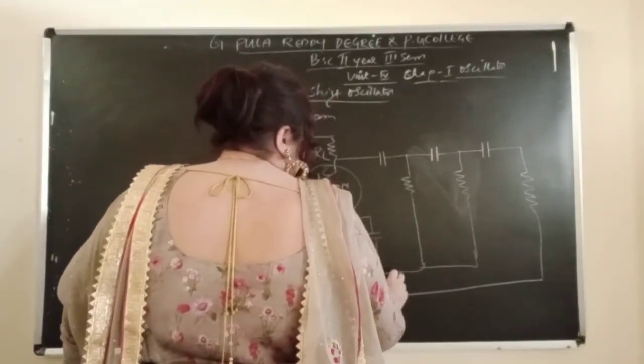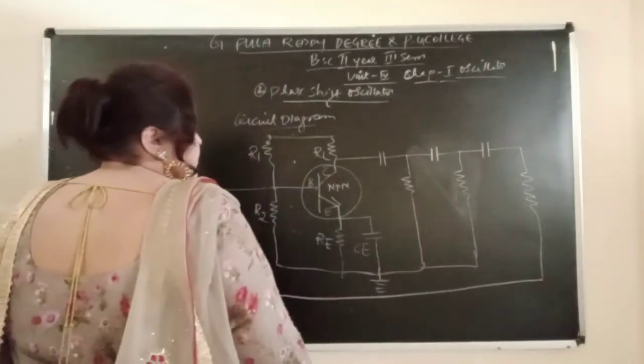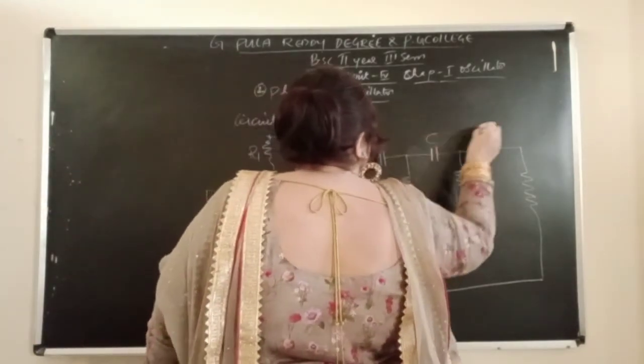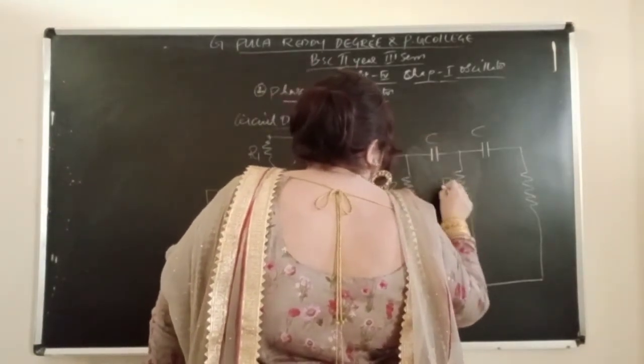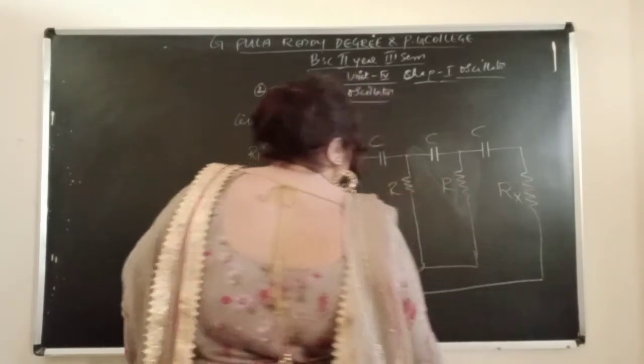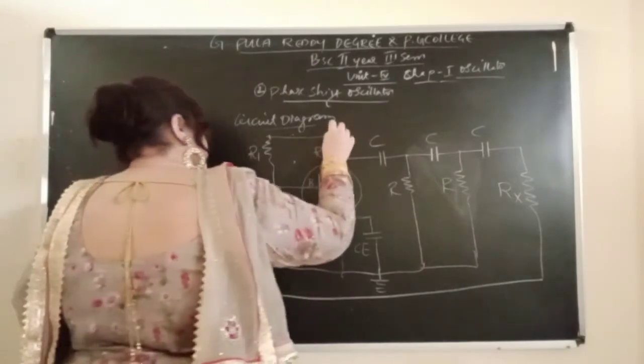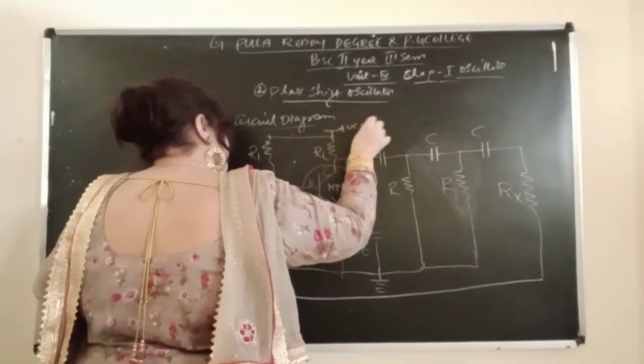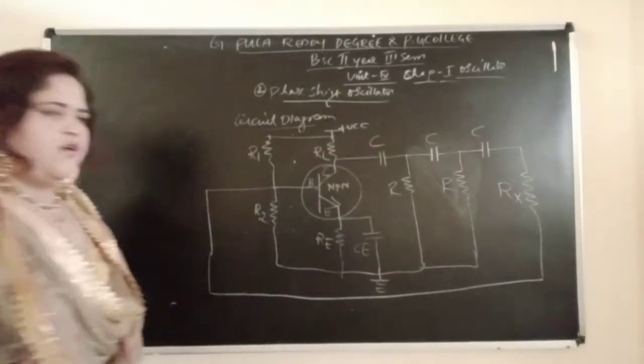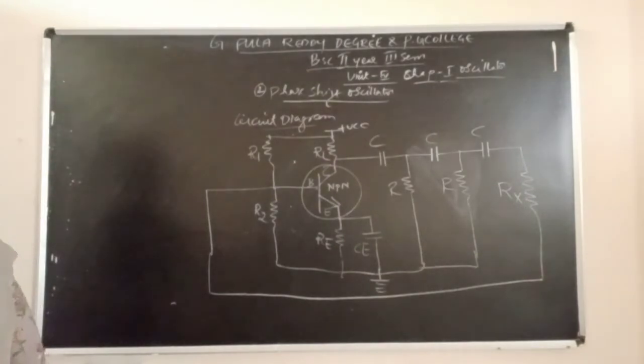Then give one ground symbol. This is C, R, C, R, C, R, and RX. What is that RX? I will tell you. Then connect this to plus VCC. This is your circuit diagram of the RC phase shift oscillator.